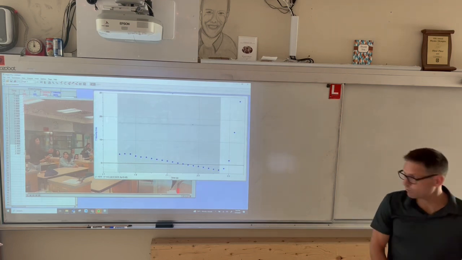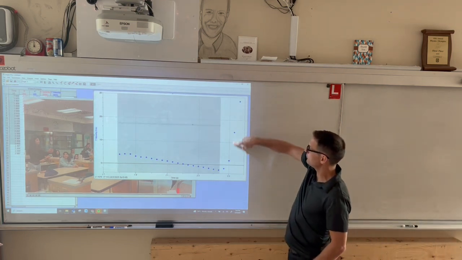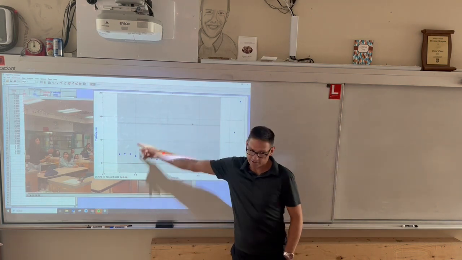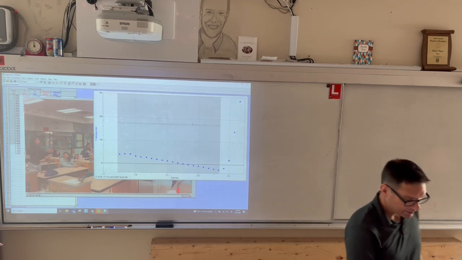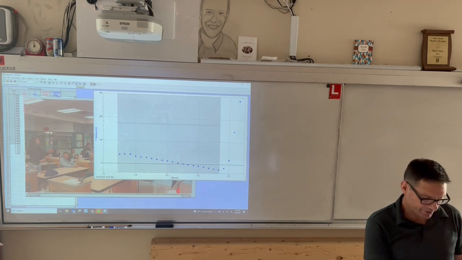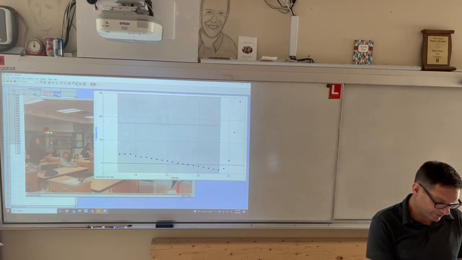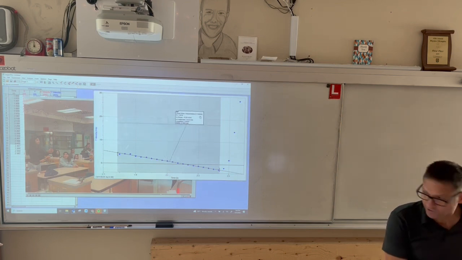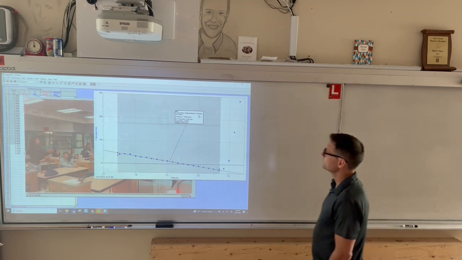If you want to look at just one part of the graph, like let's say you have a couple of points here that are way out, but I just want to look at this bit, just highlight that bit of the graph. And then if you go up here on the top, you have some analyzing buttons. And if you hover over the one with the straight red line, it says linear fit. So we can click on that, and that will give you the slope right away.